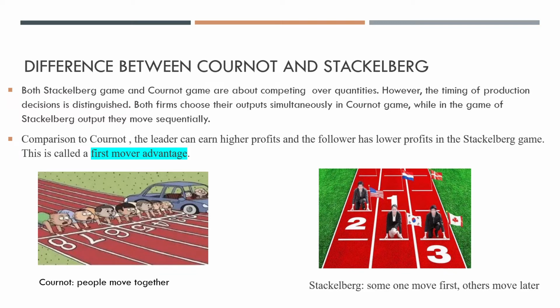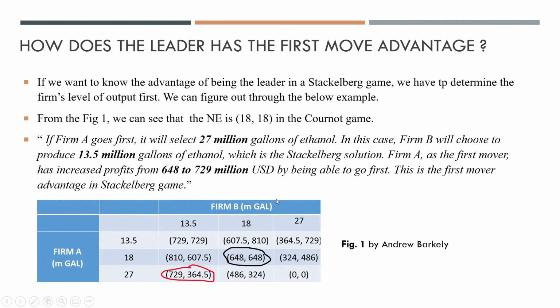This privilege of gaining more profit is called the first-move advantage. So what is the first-move advantage and how does it work? Basically, the first mover can affect the output of the follower. So the leader has the power to affect the output level of the follower.